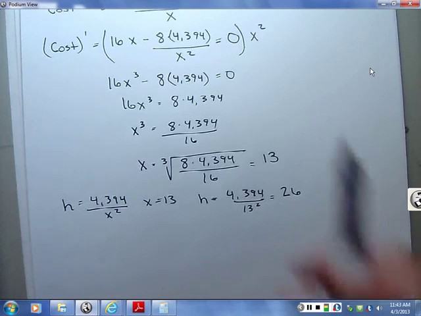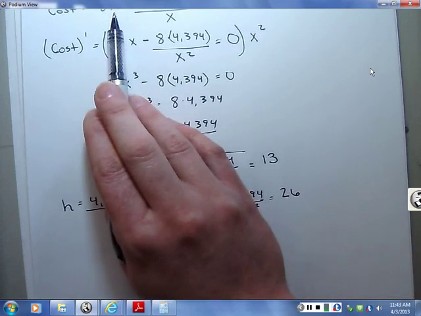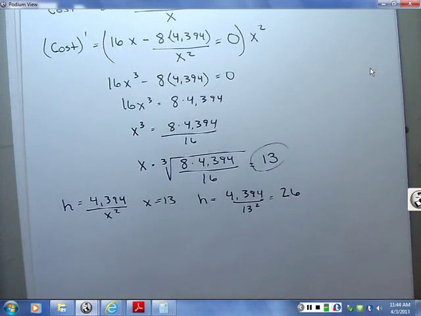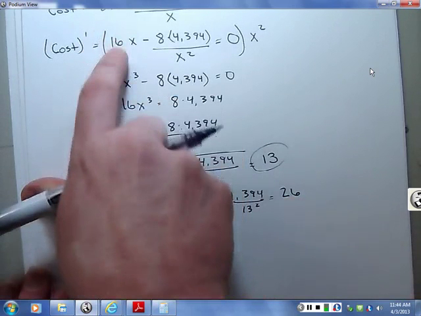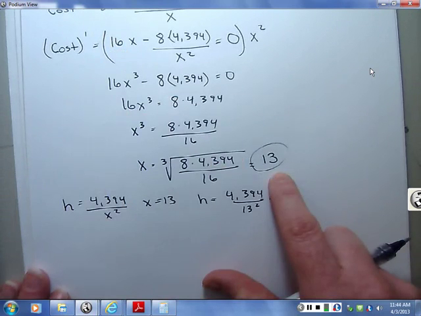So yeah, you could say this is a minimum because graphing this function, it's a quadratic that opens up. You could also do the second derivative test at 13 to see that it's concave up. If I take the derivative of this again and plug in 13, it's positive. So it's concave up, so it's a minimum.